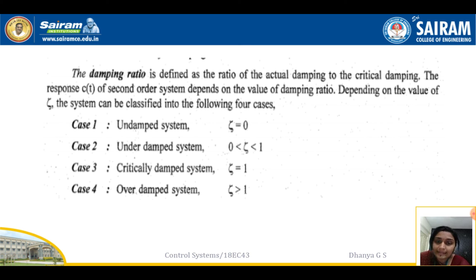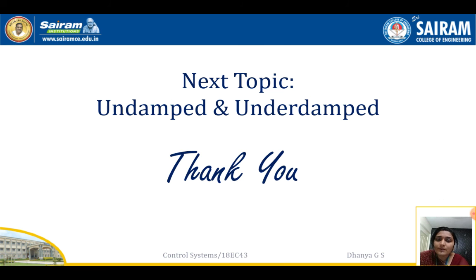Third one is critically damped when zeta is equal to 1. And fourth one is overdamped where zeta is greater than 1. So this is about second order; I have given an overview of second order systems. Now we will go into each and every topic. I told you already 4 topics are there: undamped, underdamped, overdamped as well as critically damped. The next topic which we are going to see is undamped and underdamped.